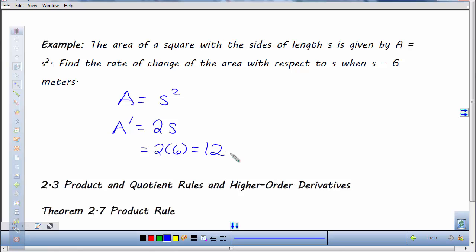So this would be 12 meters squared per, is it second? It doesn't say. So per unit of time. All right, unit of time. Okay. Questions about that?